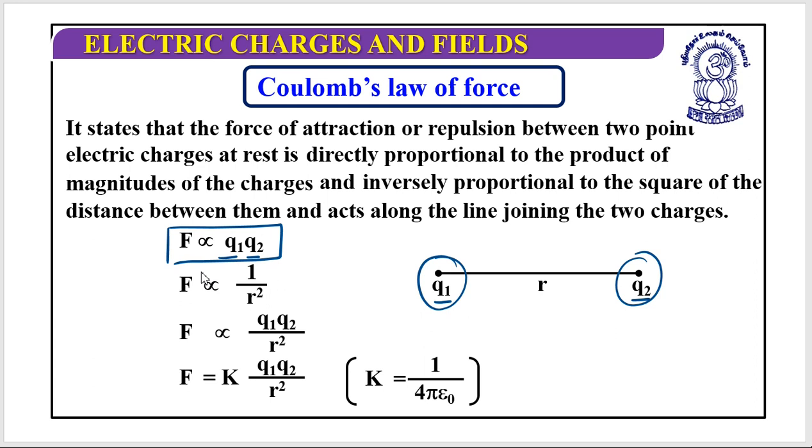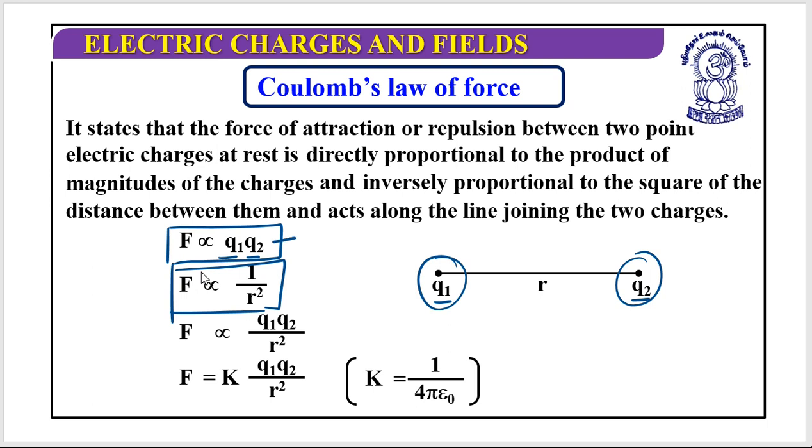Next, it depends on the distance between the two charges, not just the distance but the square of the distance, and it is inversely proportional. So F is inversely proportional to r squared.